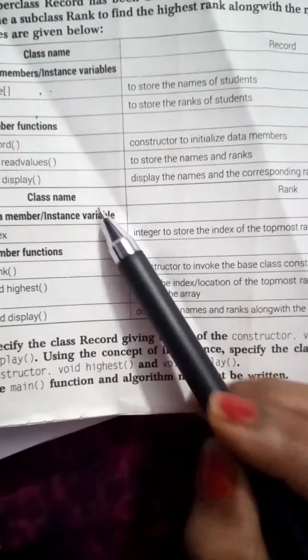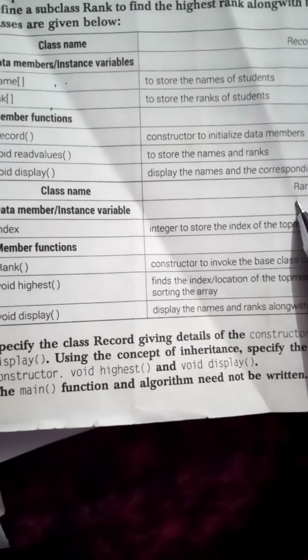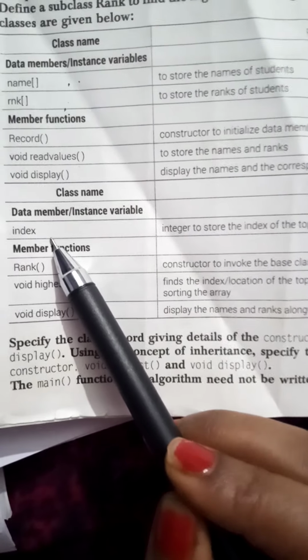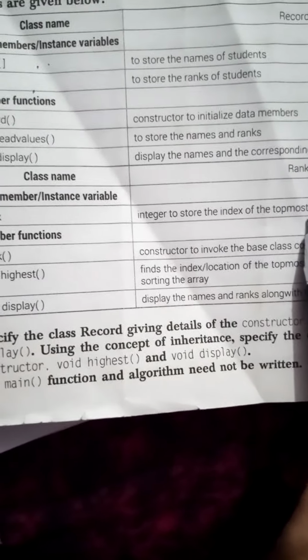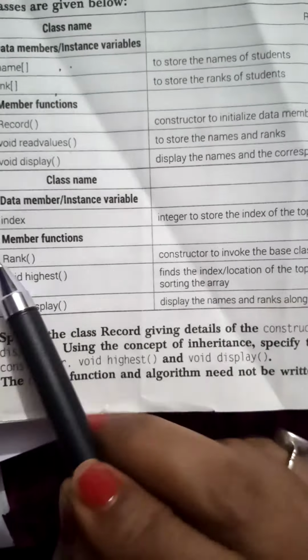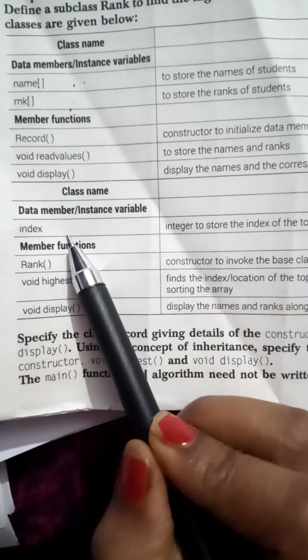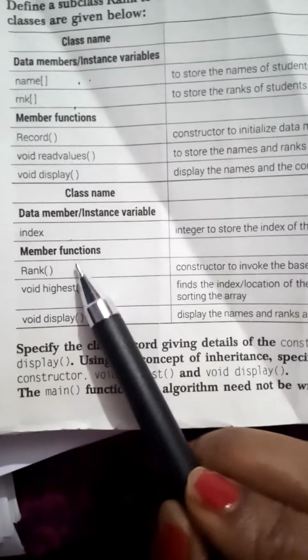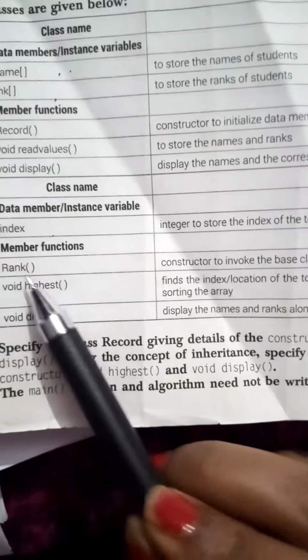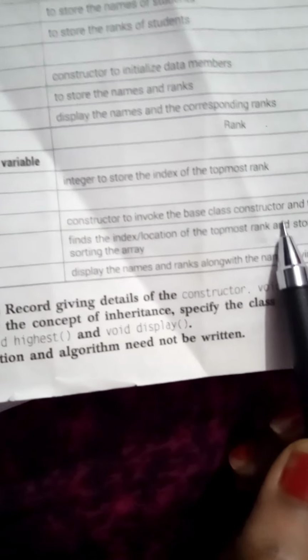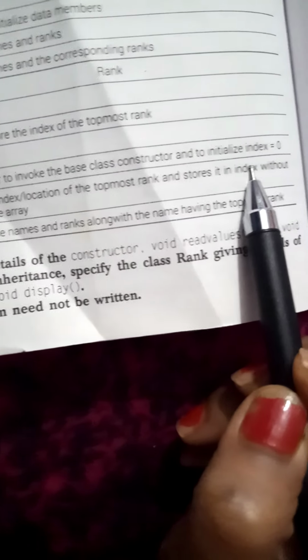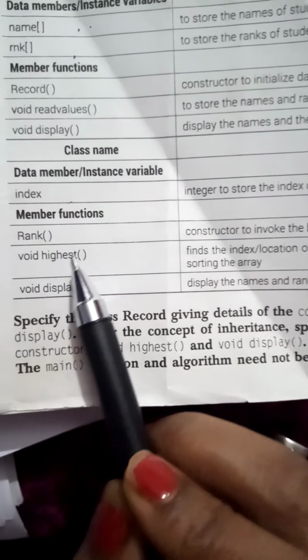Now the subclass name will be rank. It will have one data member, index, to store the index of the topmost rank. The index variable will be used to store the topmost rank. Then three member functions. One is the constructor of that class, to invoke the base class constructor and to initialize index with 0.